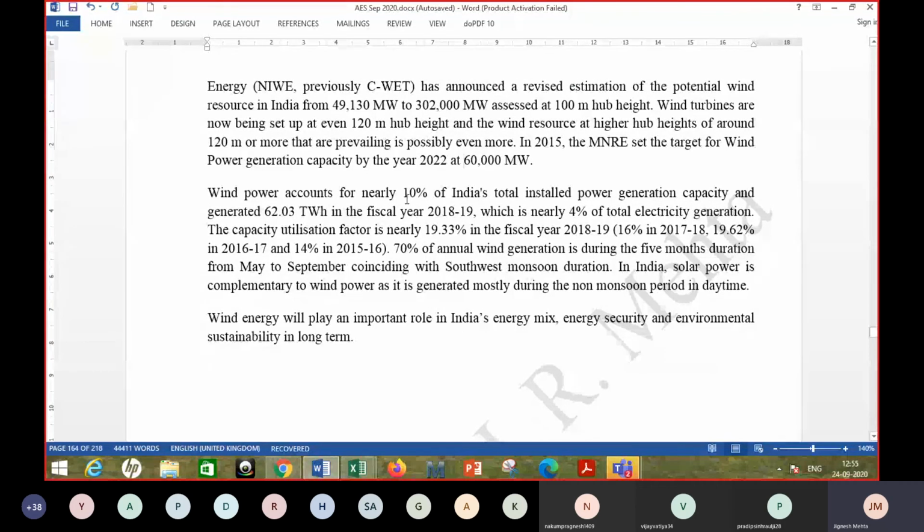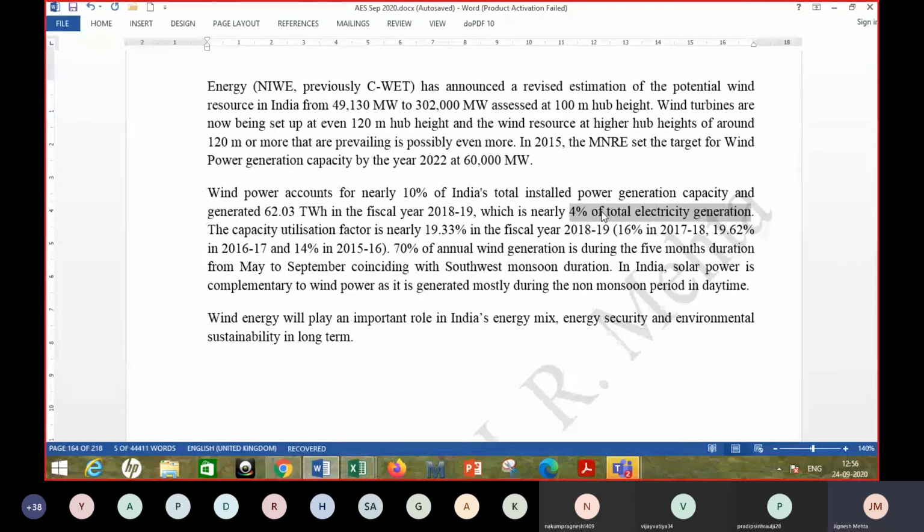Percentage-wise, wind power now accounts for around 10% of India's total installed power generation capacity. And energy generation-wise, 4% of total electricity is generated from wind turbines. So this tells you the low utilization factor, right? What I discussed while discussing the power duration curve, because you don't have a very high load factor.